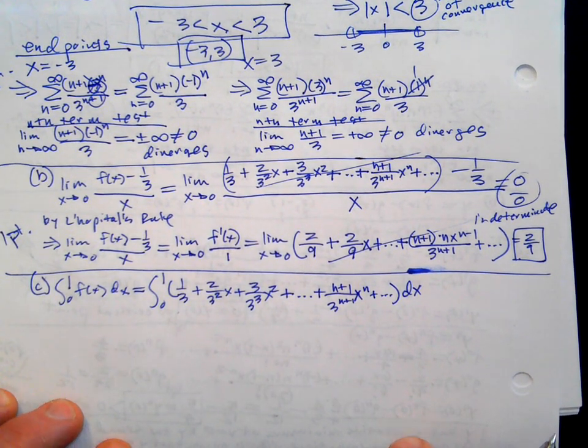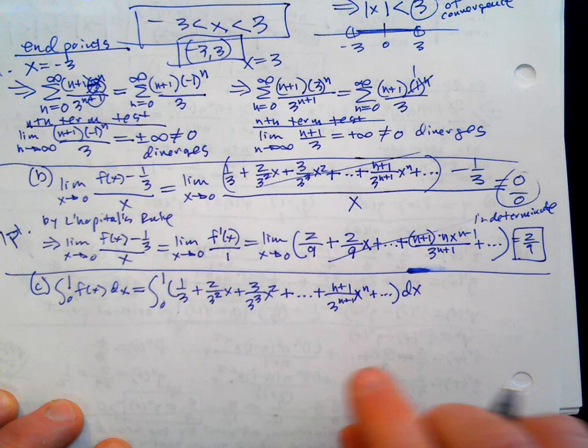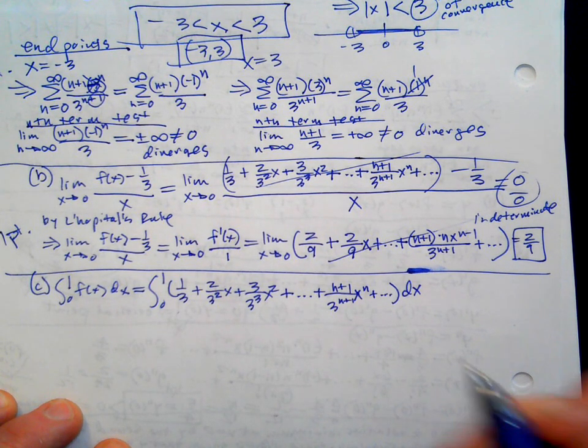And we're just going to integrate these terms term by term. Now, this is not a new thing for us. We've done this before. We've integrated certain series to get other series. So this shouldn't seem like a totally weird thing.